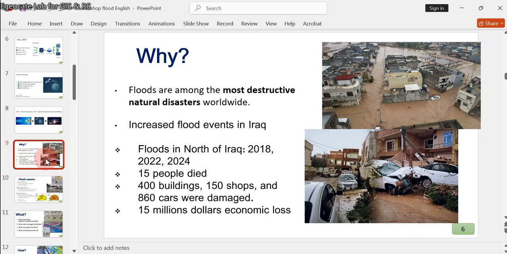The main significant floods were witnessed in Iraq, and in north of Iraq specifically, in 2018, 2022, and 2024.